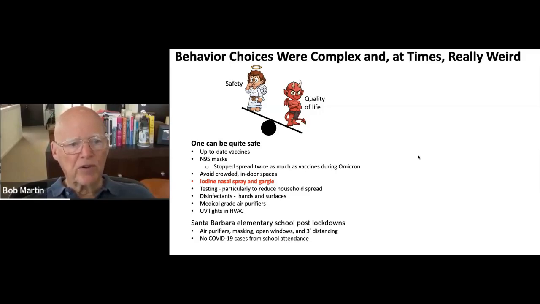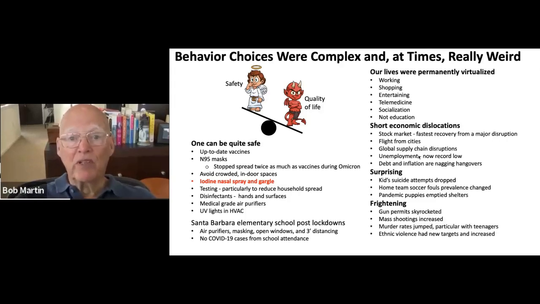Disinfectants, medical grade air purifiers, HEPA 14, UV lights in your HVAC wipe out all viruses. As an example, the Santa Barbara Elementary School post-lockdowns used these techniques, and they had no COVID cases from school attendance. So it really can be avoided.